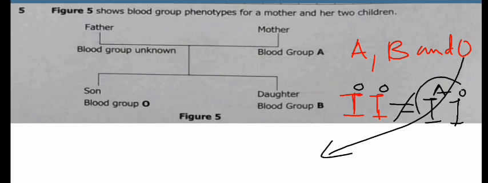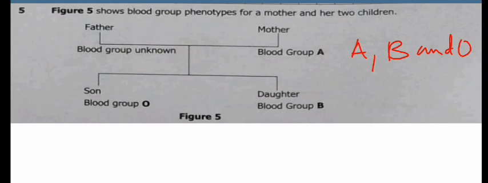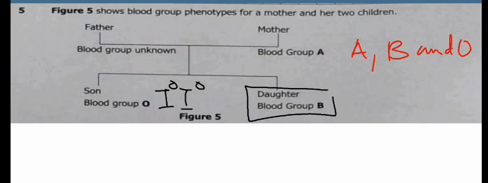Meaning, this one here is not going to be blood group O. Blood group O only exists in this form here. So now, since here they are saying the son here is blood group O, meaning here we are having something like this one. Okay? Then the daughter here is blood group B.